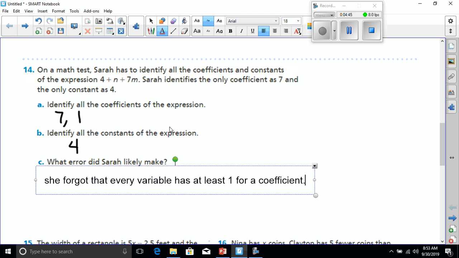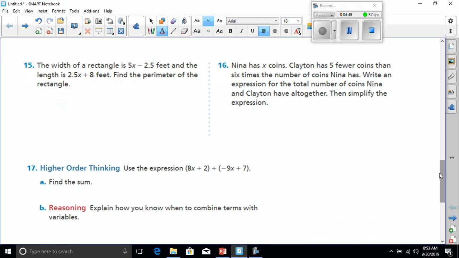All right, let's head down to number 16. Nina has X coins. Clayton has 5 fewer coins than 6 times the number of coins Nina has. Well, if I was going to write that out, Nina has X coins, and Clayton has 5 fewer than 6 times, so that's going to be 6x minus 5 for Clayton.